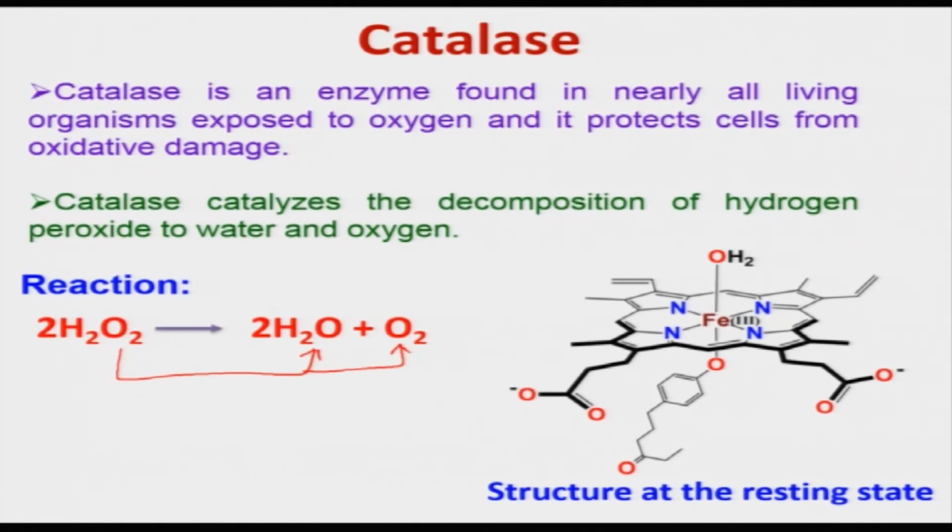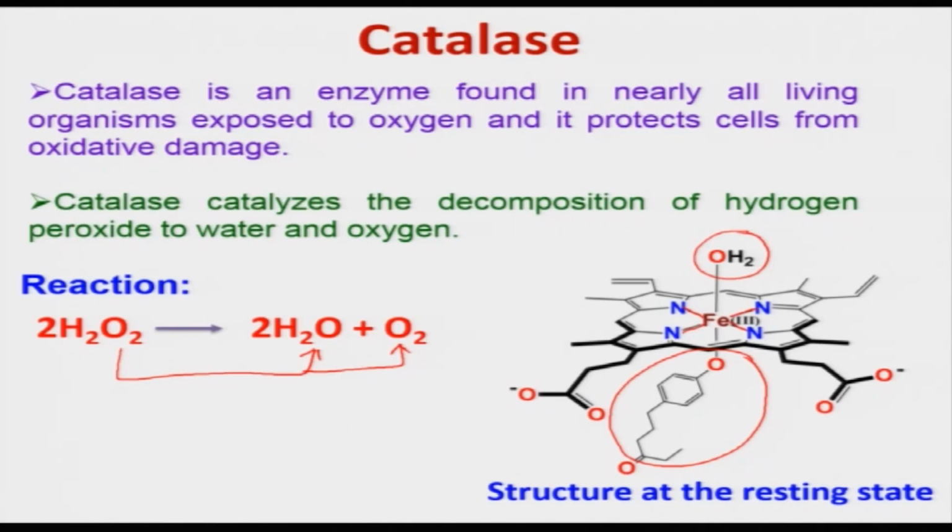This is the structure of the enzyme at the resting state, and you see the iron sitting inside the porphyrin ring, with 4 iron nitrogen bonds. The fifth position is a tyrosinate, and the sixth position is coordinated with a water molecule, and iron is in the iron 3 oxidation state.